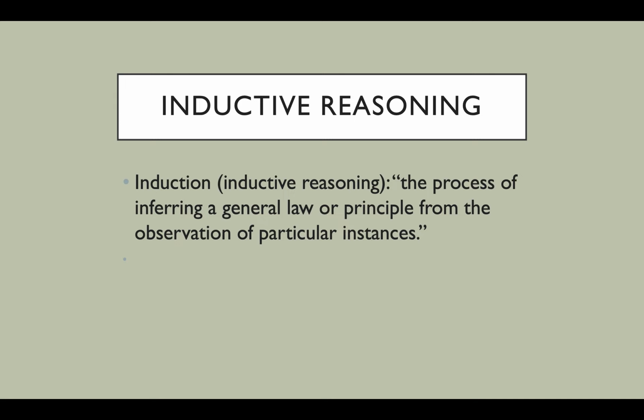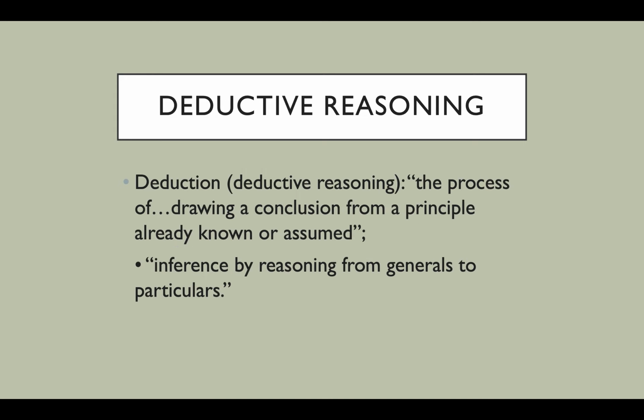If inductive reasoning starts from the bottom, then the opposite would obviously be deductive reasoning, in which you start from the top, where it's the process of drawing a conclusion from a principle already known or assumed. So you start from the general, inference by reasoning from generals to particulars.